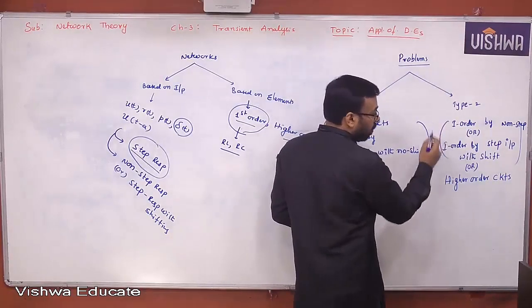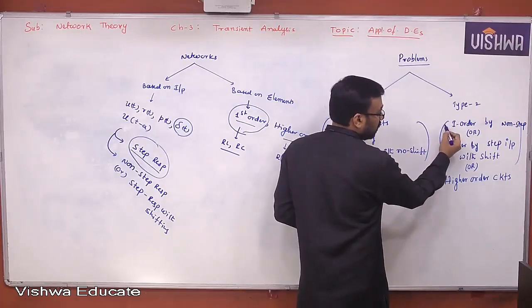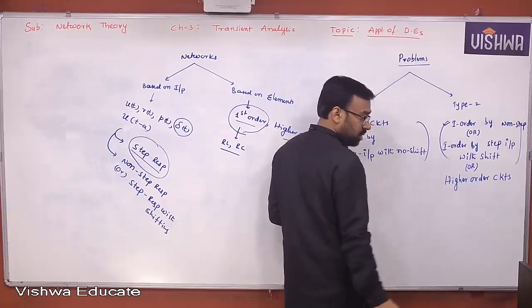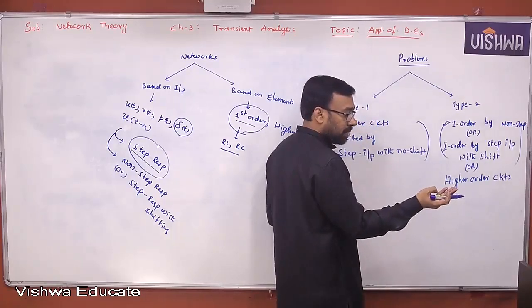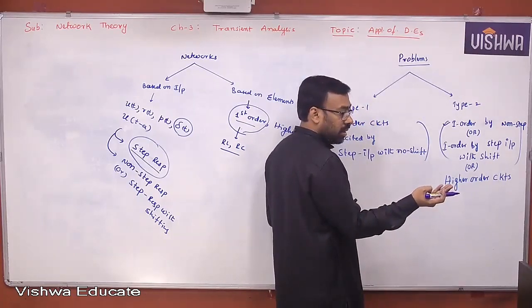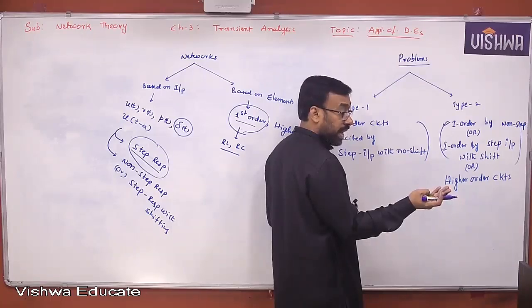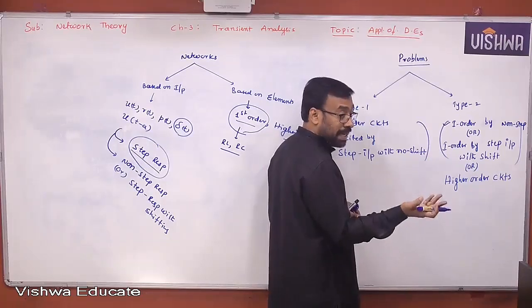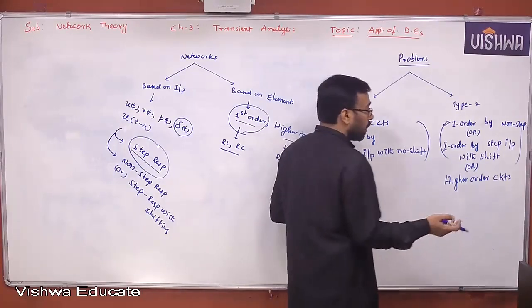What are they, type 2 problems? First order excited by non-step input, might be ramp, parabolic. You may have exponential, you may have sinusoidal, you may have, let us say, impulse, anything it might be.